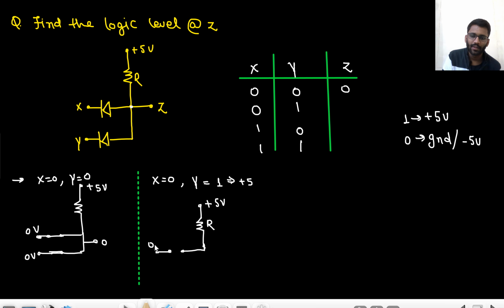Here you are having 0 volt and here plus 5 volt, and in this case here you are having plus 5 volt and here plus 5 volt. So tell me which will turn on? This is having a forward voltage drop of 5 volt. That means it will turn on, right? And this is having a forward voltage drop of 0 volt. That means it will turn off.